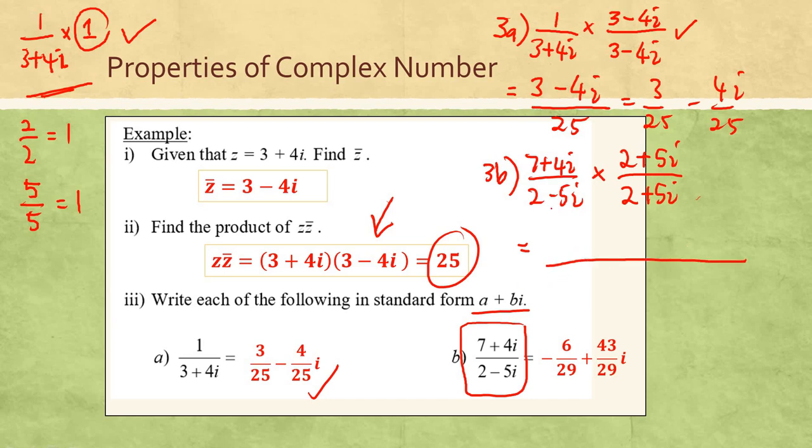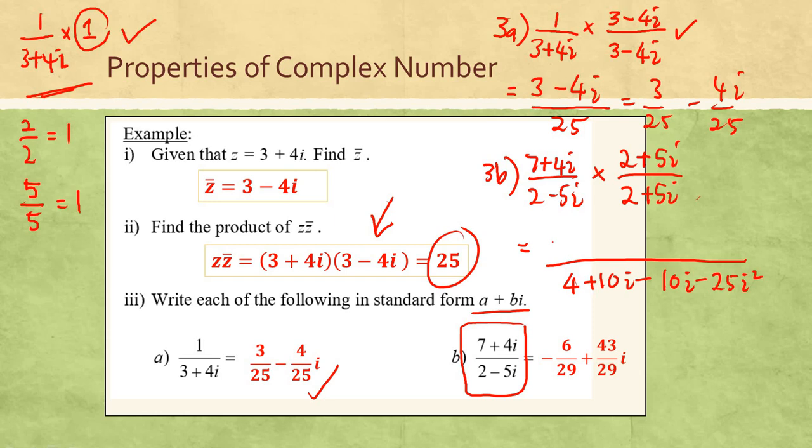Okay, so 2 times 2, I have 4 plus 10i minus 10i minus 25i squared.